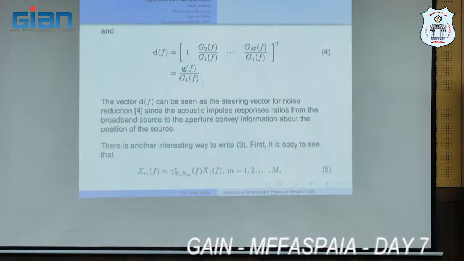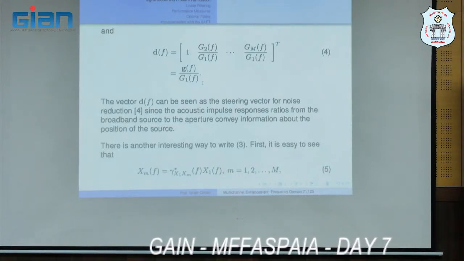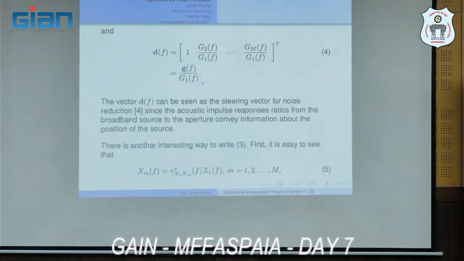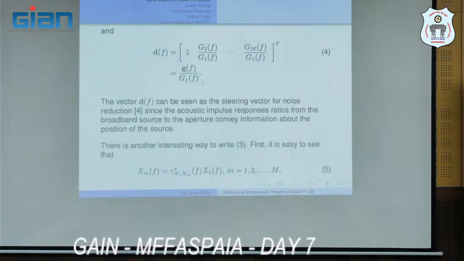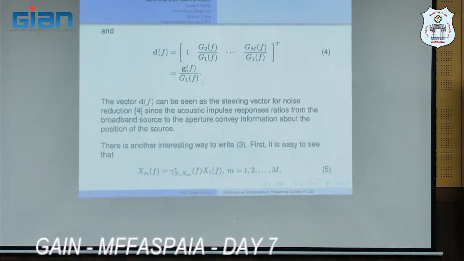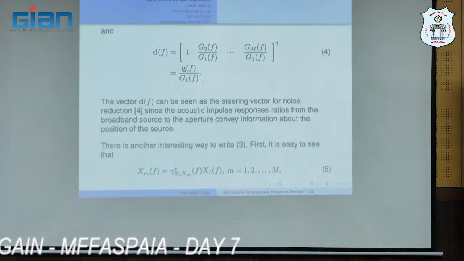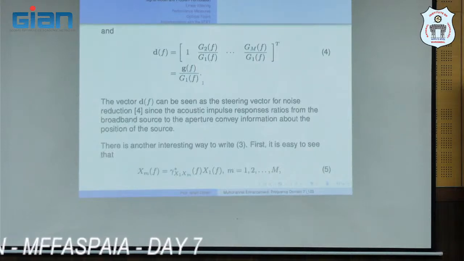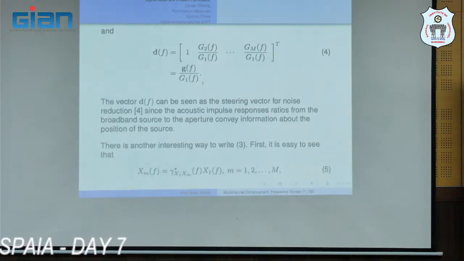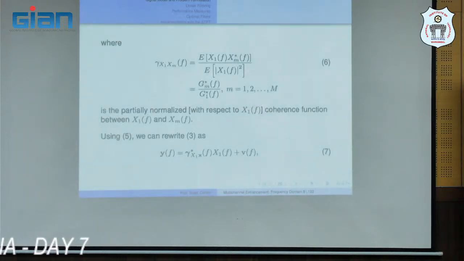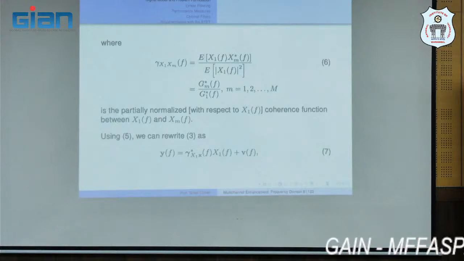And this relative transfer function is equal to the correlation, gamma, the joint complex conjugate between x1 and the vector x. Okay, I have it here. This is an element here.